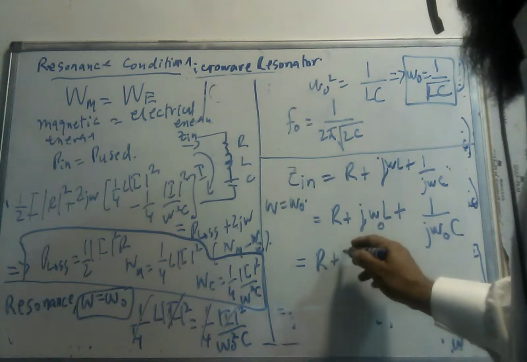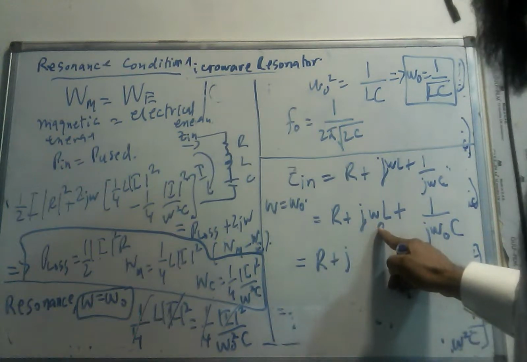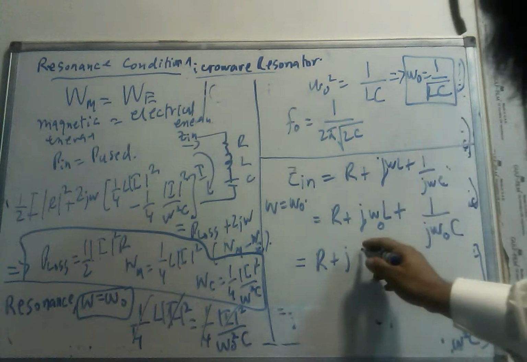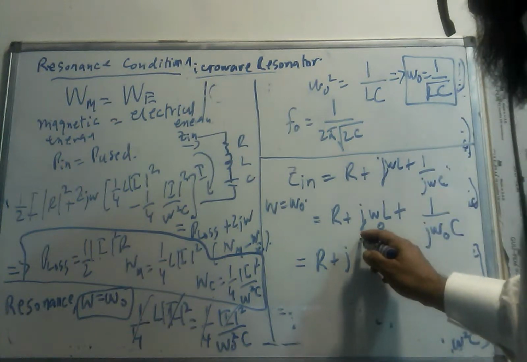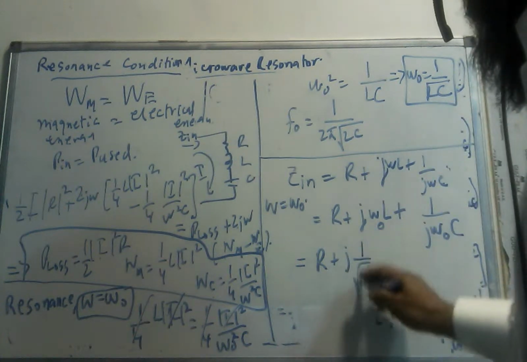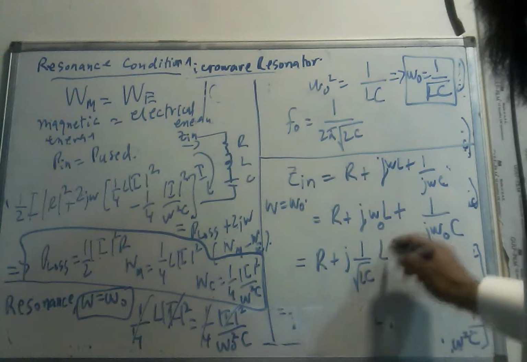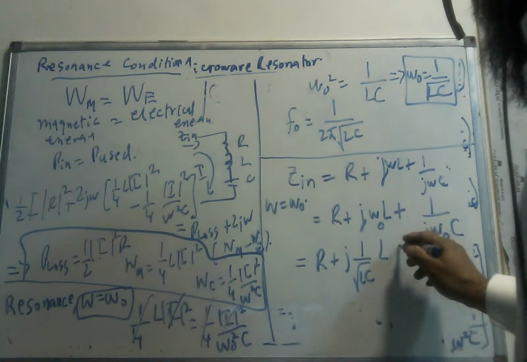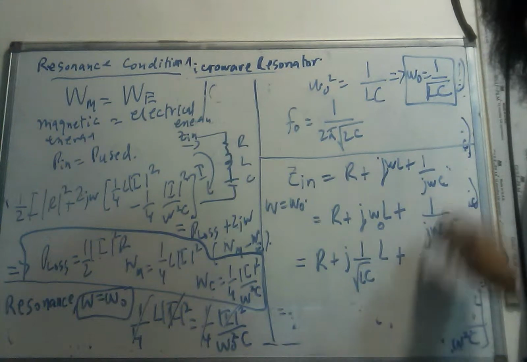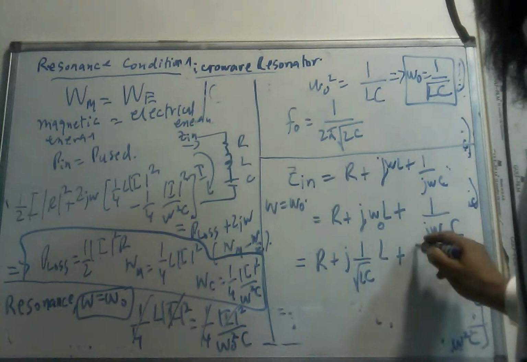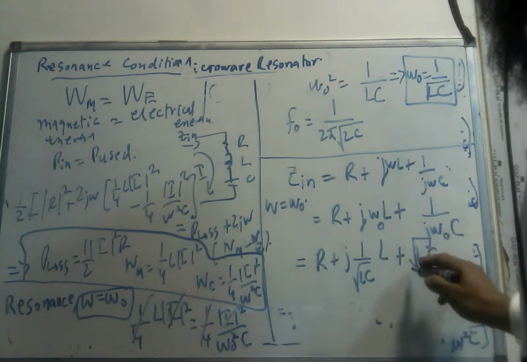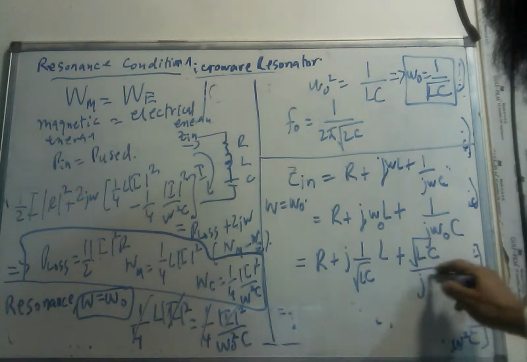Omega naught is 1 over square root LC, so I can just put it here: plus j times 1 over square root LC times L, and plus square root LC divided by jC.